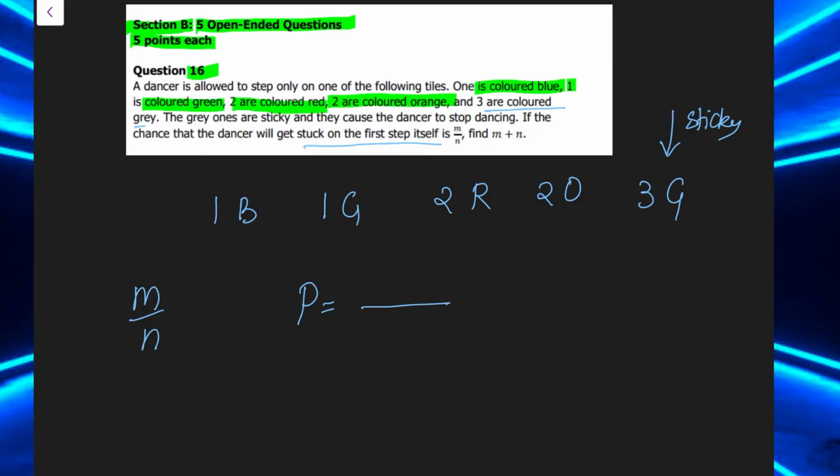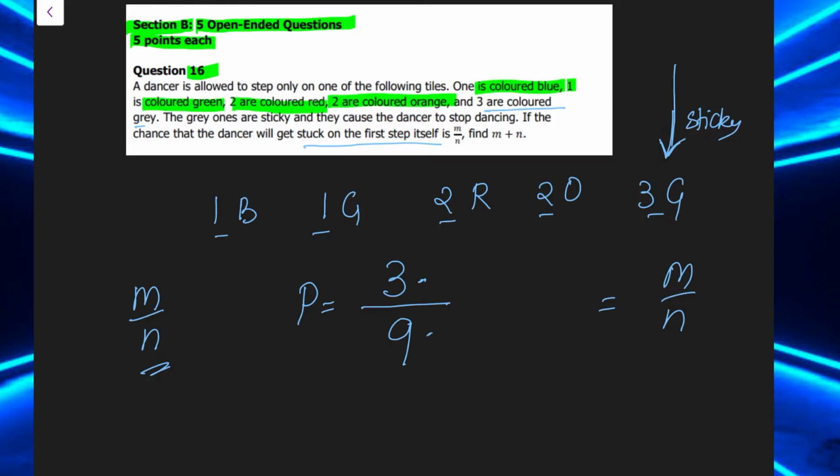Let's work it out. So there are total of 1, 2, 4, 6, and 9 tiles. So the dancer could have stepped on any of those 9 tiles, but for the dancer to get stuck means that she has stepped on one of the sticky tiles. So there are 3 such tiles that she can step on and get stuck. Now remember they said this is equal to m over n. Do not just leave it here. We can further reduce 3/9.